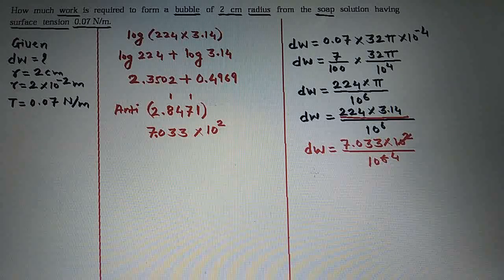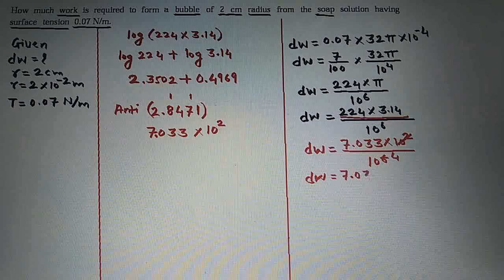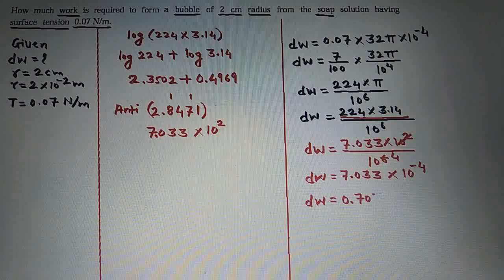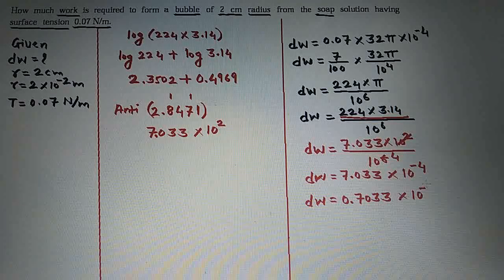So we can write here dW is equal to 7.033, this 10 raised to 4 in denominator, in numerator it will be 10 raised to minus 4, and this we can write as dW is equal to 0.7033, then we will write power here 10 raised to minus 3.